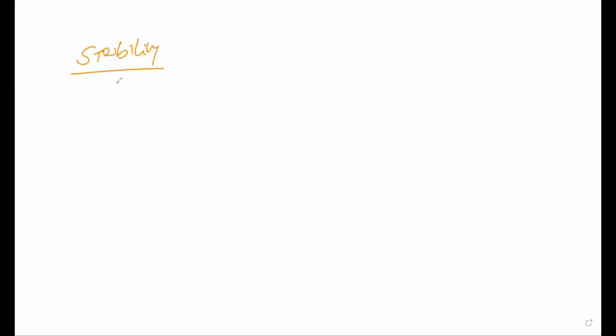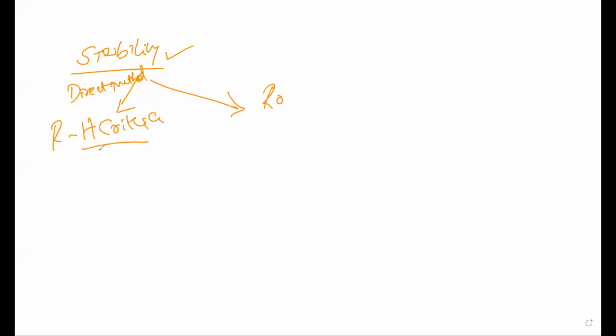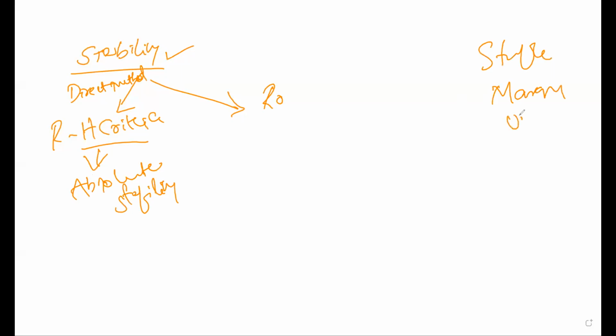Before going for the introduction, first, stability. We started the concept of stability with the RH criteria, isn't it? It is a direct, mathematical method of finding stability, so we can find the absolute stability of the system, that is, whether the system is stable, marginally stable, or unstable.